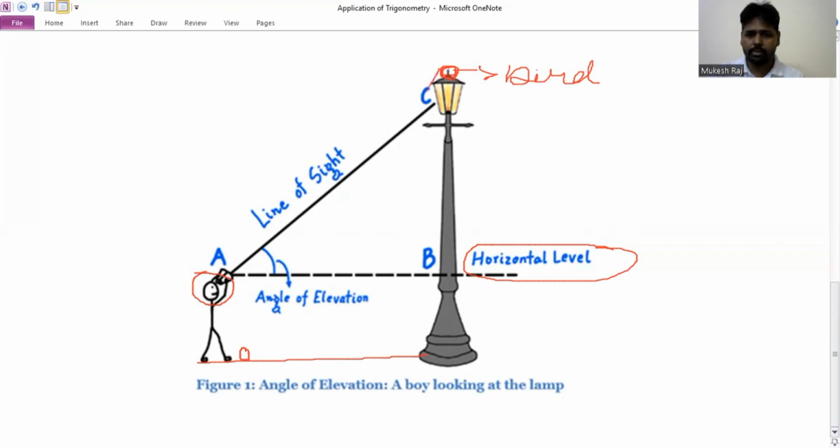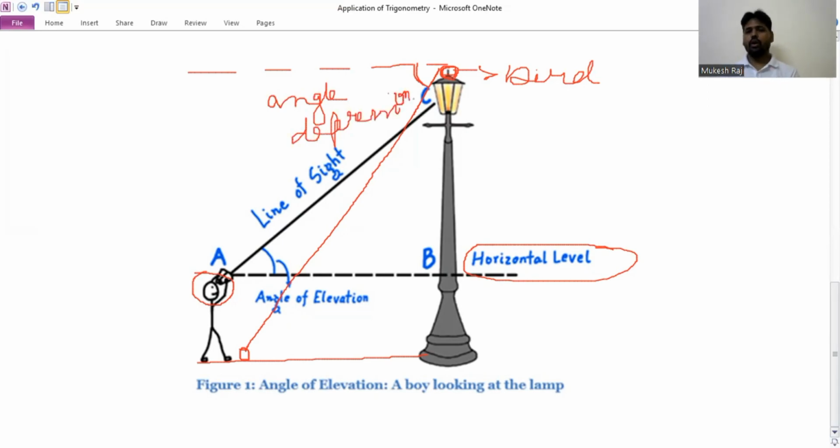This eagle must be looking at the mouse constantly at an angle, and for this bird the horizontal level becomes this red colored dotted line. So this becomes the angle of depression. This is how you may be able to identify the angle of elevation or the angle of depression.